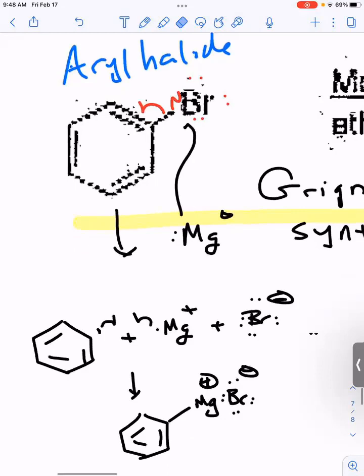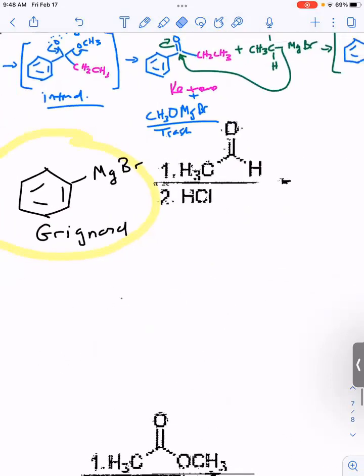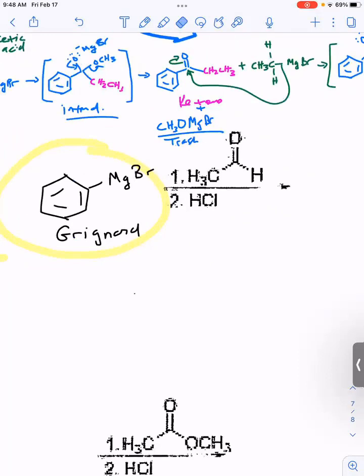All right, so that's my Grignard. And then what am I doing with this Grignard? I made it. Now what am I doing in the next step? What functional group is this?